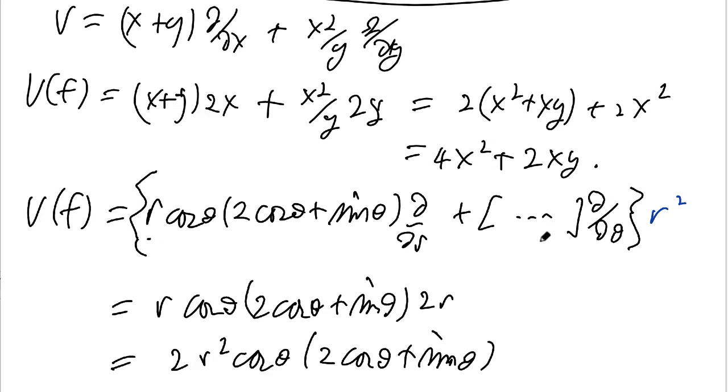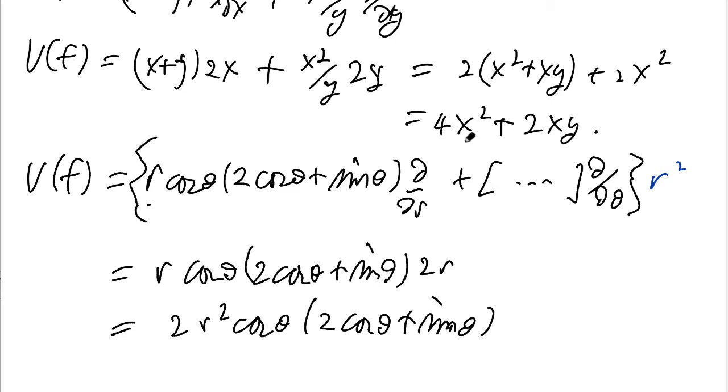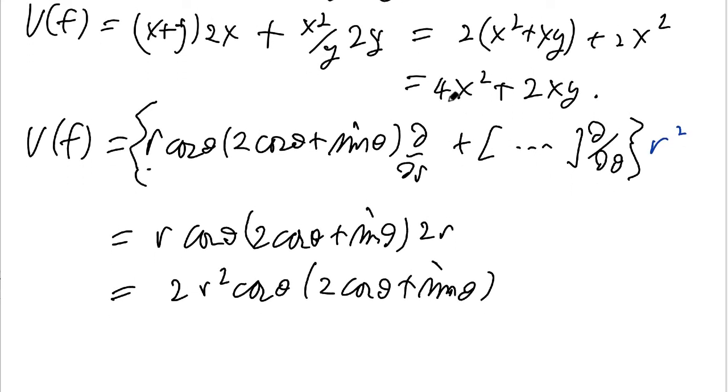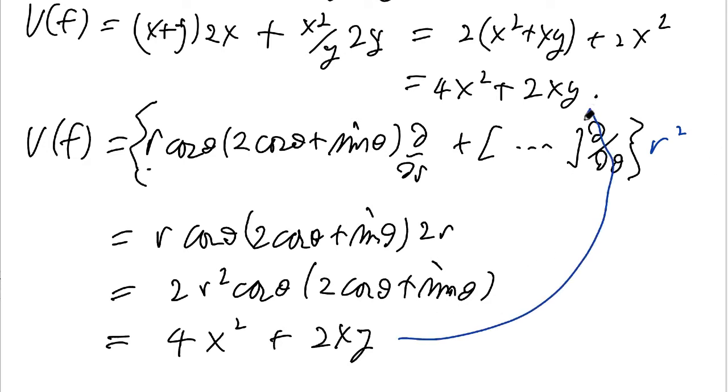If we compare that to the result we got before, it should be the same thing. Let's simplify this: bring the 2 inside, that gives 4, then r cosine theta is just x, and we have 2 factors, that gives x squared. For the second term we have 2 r cosine theta times r sine theta, that's 2xy. So we indeed get the same result, whether we use polar coordinates or Cartesian coordinates.